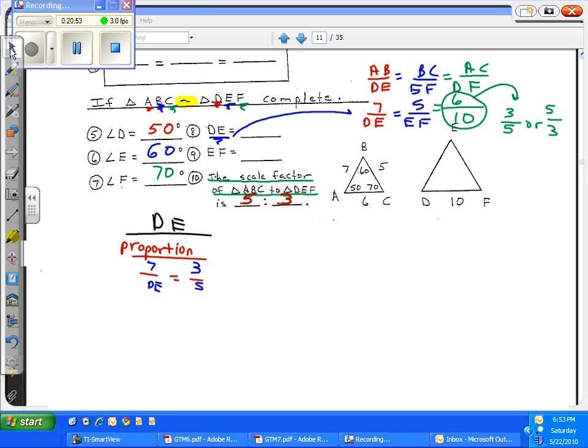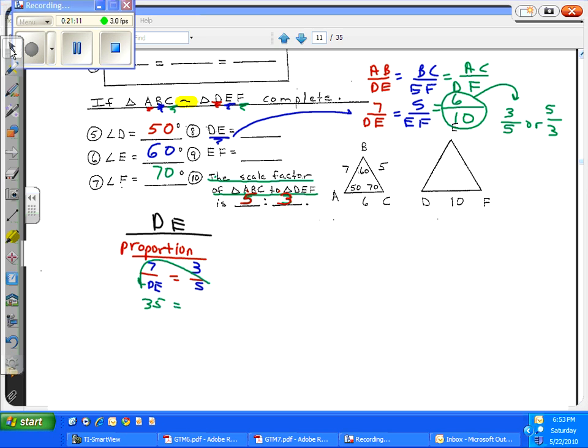Top over bottom equal top over bottom, bottom over top equal bottom over top, top plus bottom over bottom equal top plus bottom over bottom. Or if you're going to say side of little over side of big, then you have to have side of little over side of big.